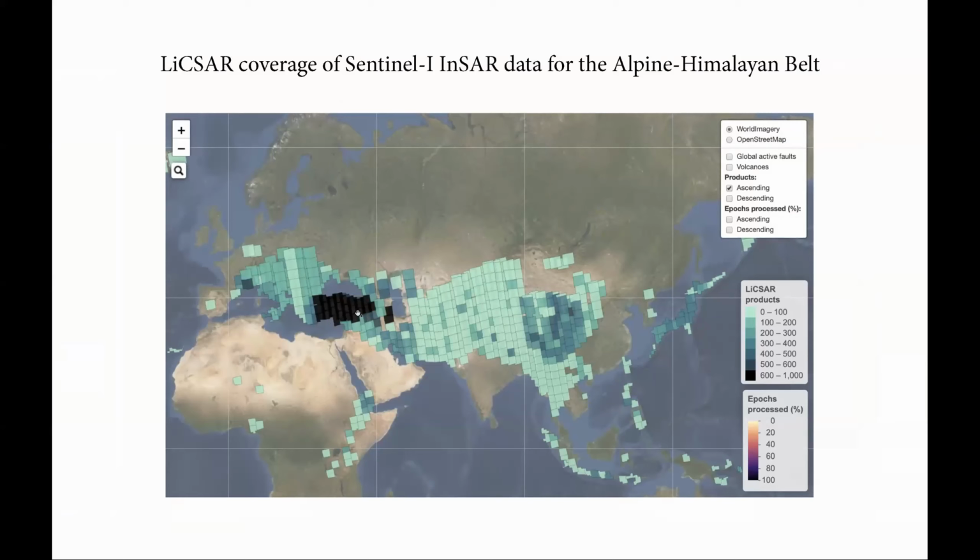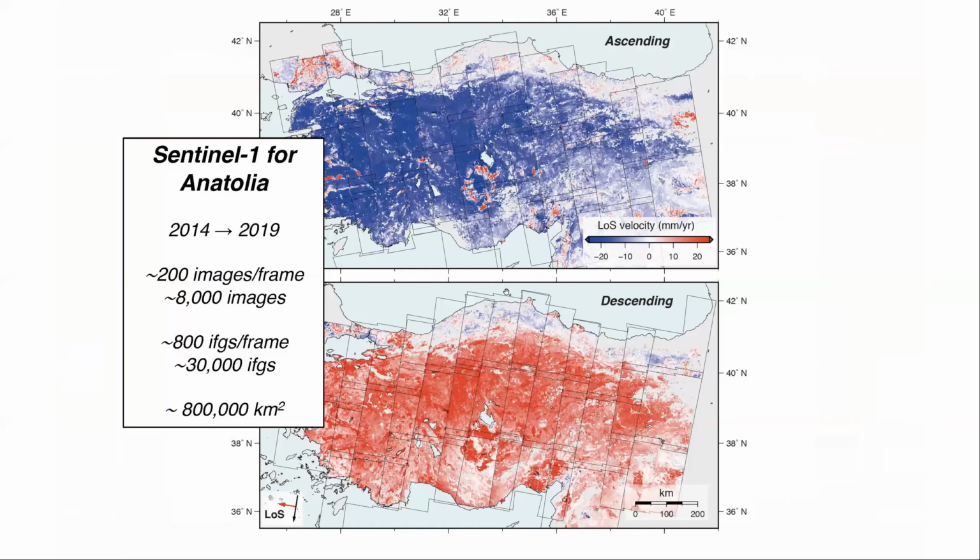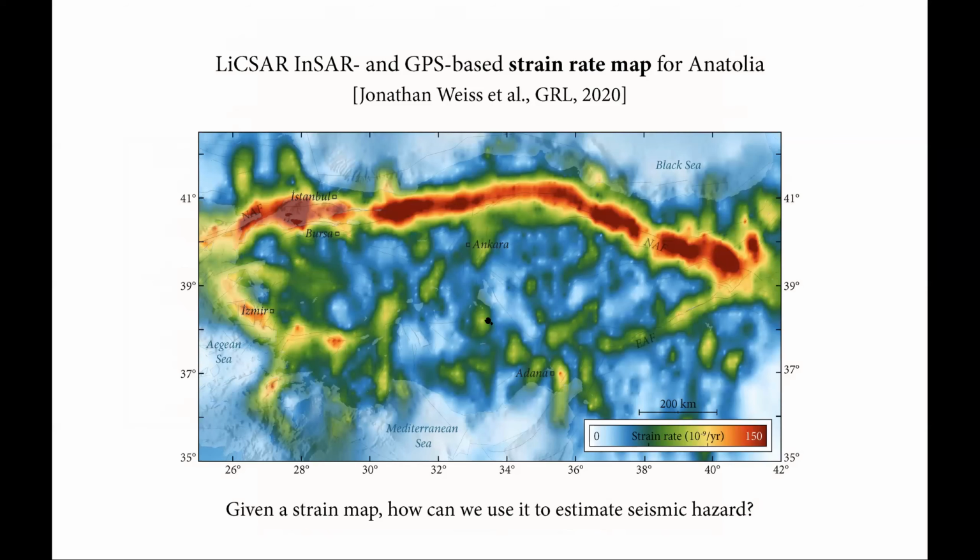The reason we have such good coverage in Anatolia is because my predecessor Jonathan and Rich before him, along with many other people, have done a lot of work grabbing the first 5 years of Sentinel-1 data in Anatolia, processing it, making over 30,000 interferograms covering almost 1 million square kilometers, and making maps of present-day crustal surface velocity. What Jonathan, Richard, and others have done is taken that, merged it with a GPS velocity data set, and converted it to a map of the crustal strain rates at the surface per unit time.